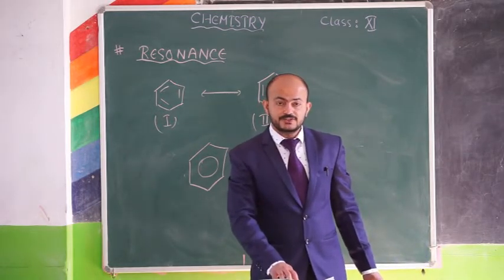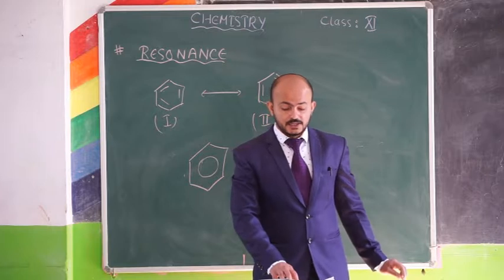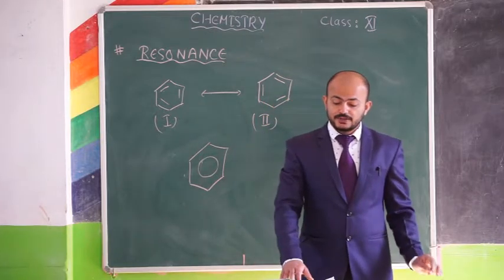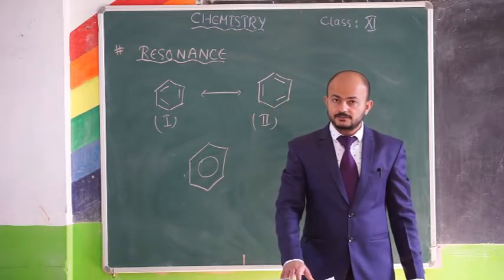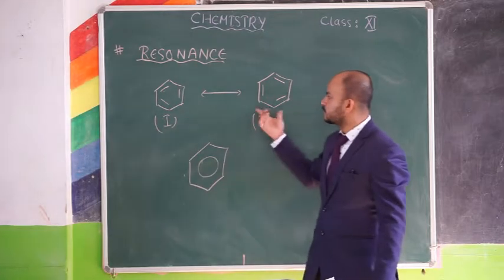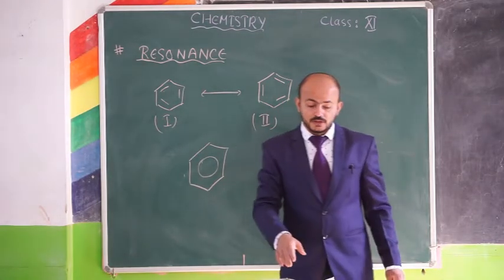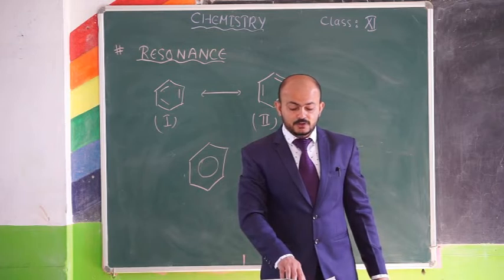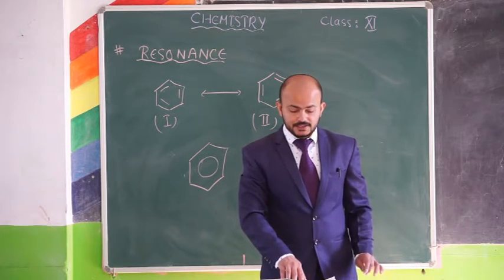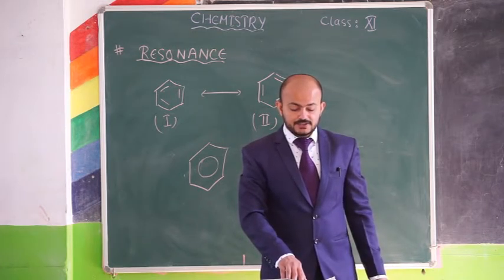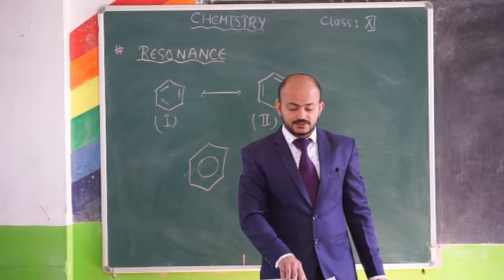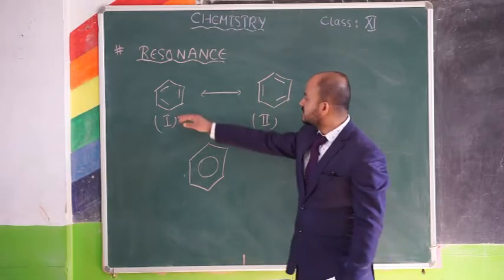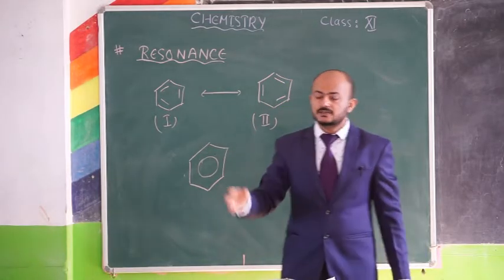Now, on page number 12.66, you have the definition for resonance. Please look at it. In cases where more than one structure can be written for a compound, like you could write 2 structures for benzene, yes or no? But none of them is able to explain the known properties of the compound completely, the different structures written are known as the resonating or contributing or canonical structures.